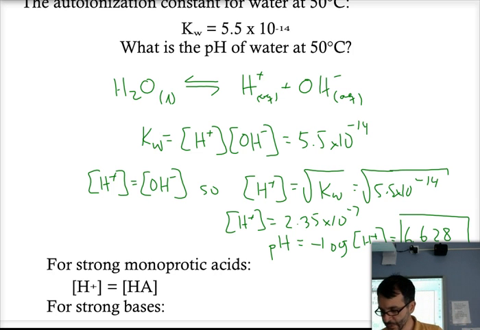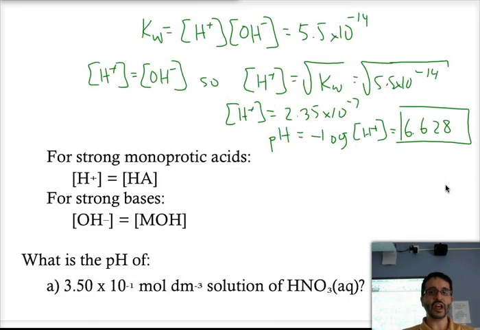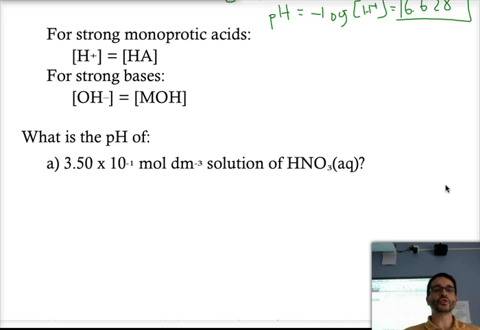All right? Now, we also talked about the fact that if we have a strong acid, the concentration of the H plus, because a strong acid completely ionizes in water, is going to be equal to the initial concentration of the acid.